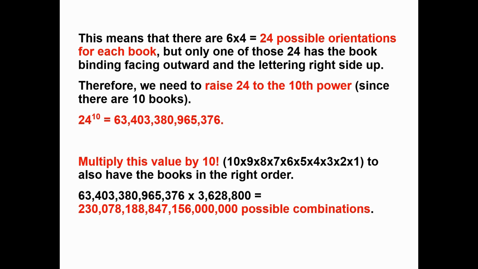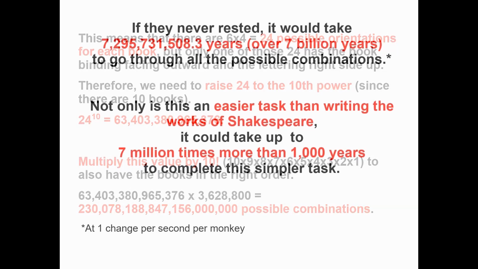So then we are multiplying 63 trillion plus by 3,628,800. This gives us 230 quintillion, 78 quadrillion, 188 trillion, 847 billion, 156 million possible combinations.